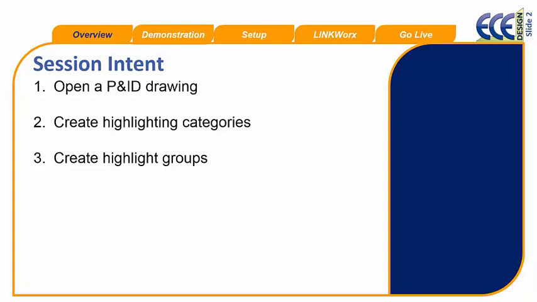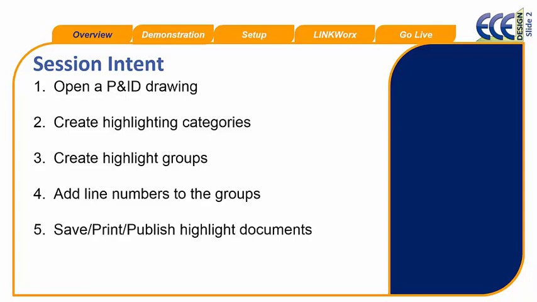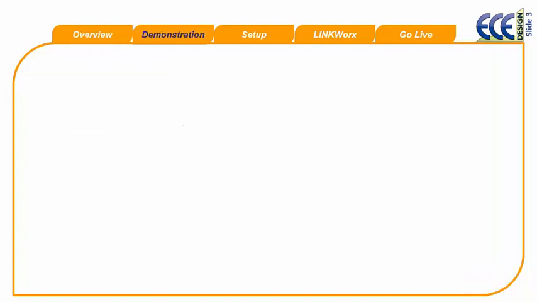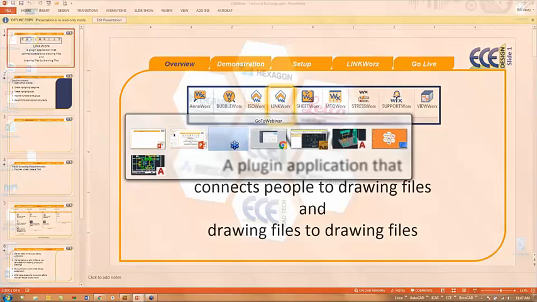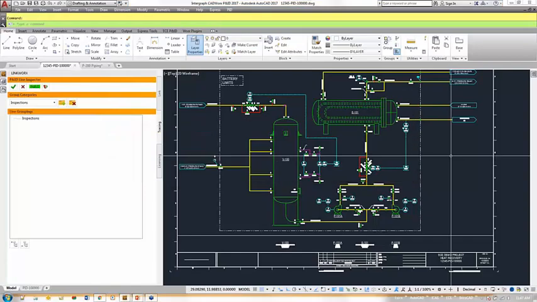We certainly see this expanding to tagged items, but we're going to start with line numbers today. And then once the lines are added, the whole point of this is to be able to save, print, publish, and highlight the highlighted documents for purpose. So without any further ado, I'm going to go ahead and jump into CADWorx P&ID.